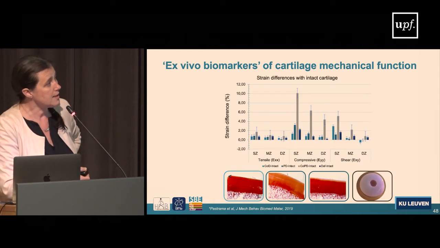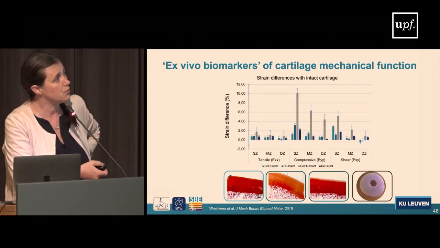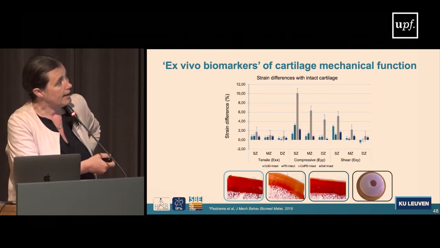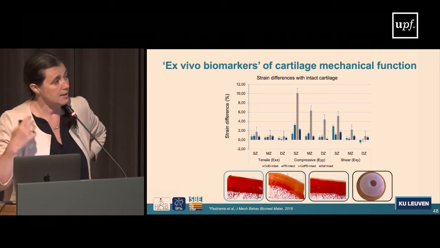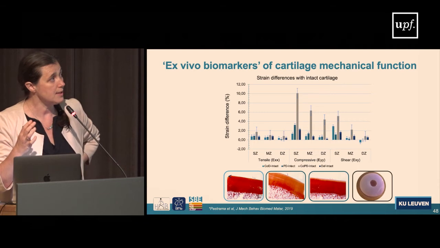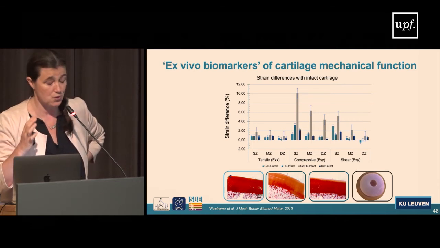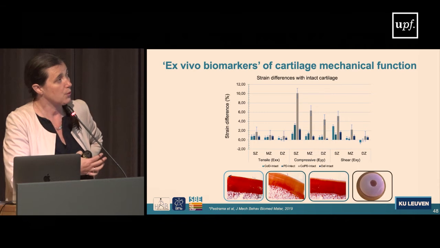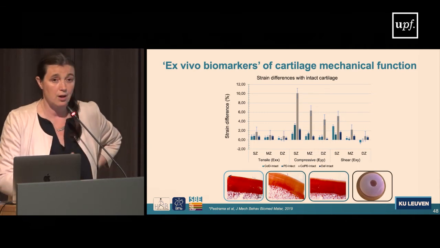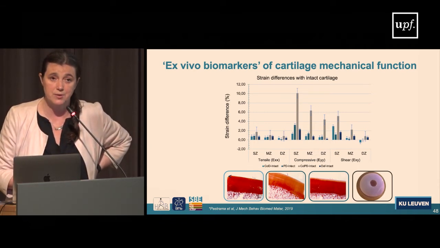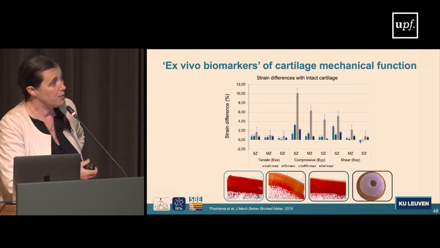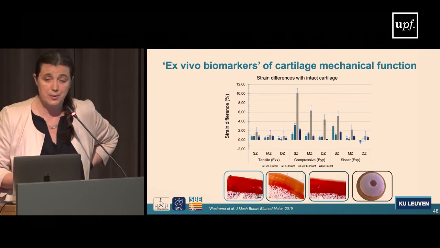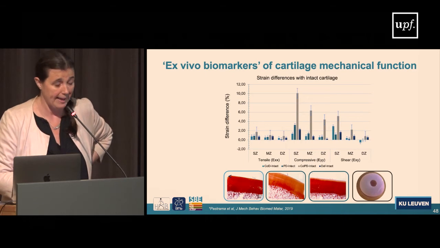So we have done this, and here you see, don't look too much at this in detail. What I want you to see is that these gray bars are the increase in the strains when we have collagen degradation and proteoglycan depletion in the cartilage, when we do enzymatic degradation. And really, if you have the combination of the collagen and proteoglycan depletion, that is where the tissue will fail mechanically.